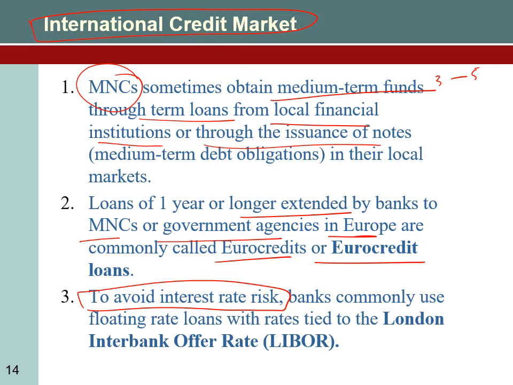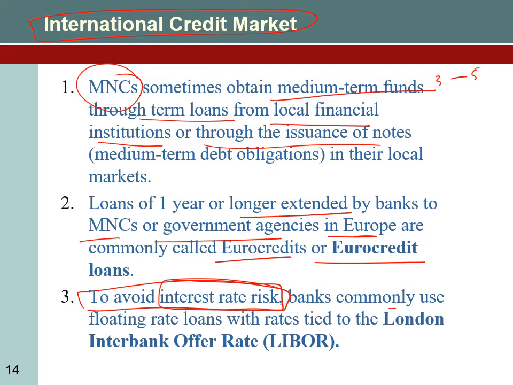So this interest rate risk is the risk to the banks that in future they may lose the opportunity to earn higher interest rate because they already lock their money with the borrower.